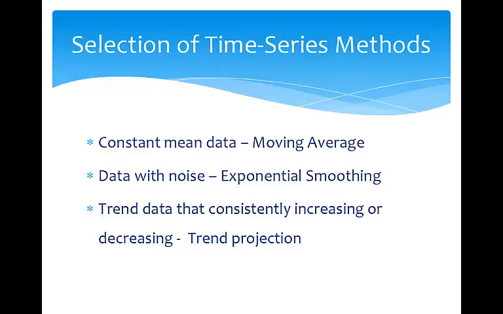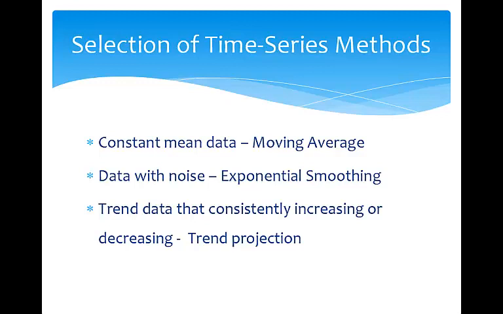In this video, I will talk about time series methods. As mentioned earlier, the time series methods include moving average, exponential smoothing, trend projection, and decomposition. The selection of these methods depends on the type of data the forecaster is dealing with.